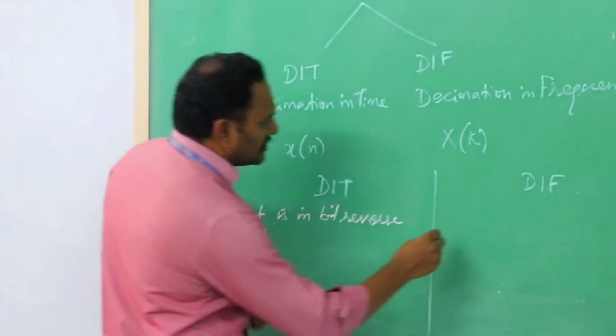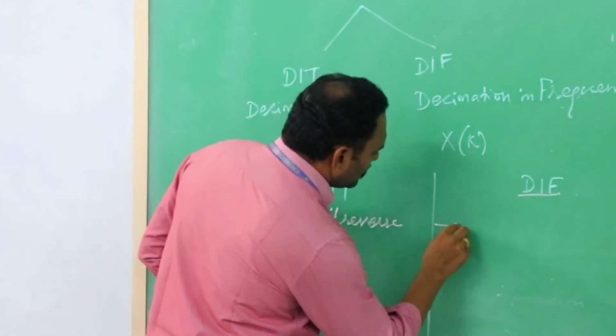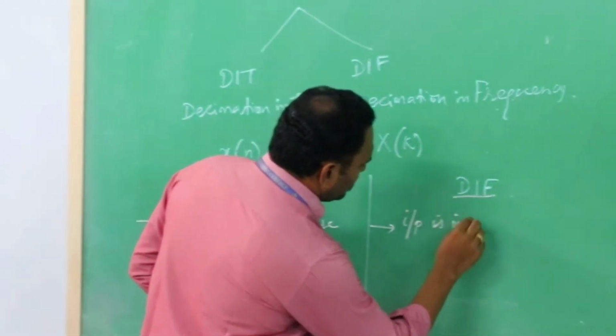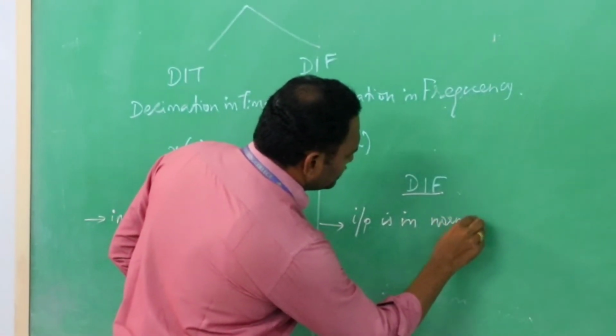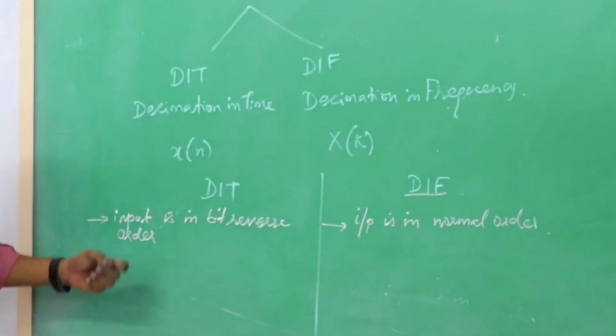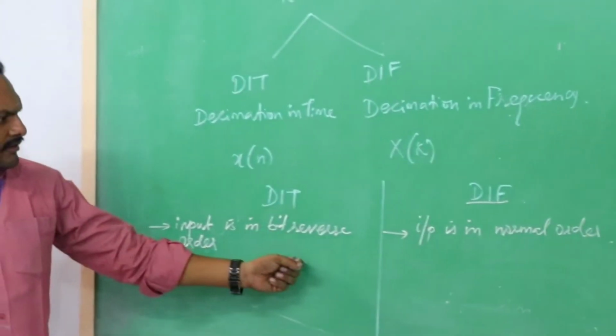Here in DIF, the input is in normal order. Okay. What does it mean, bit-reversed order and normal order?